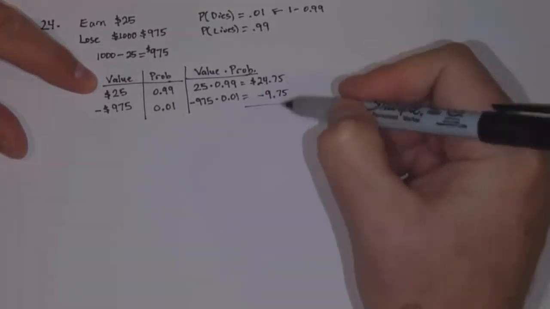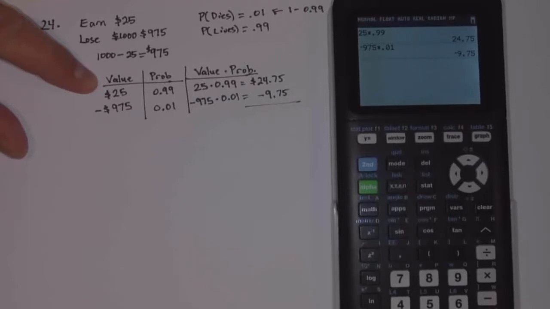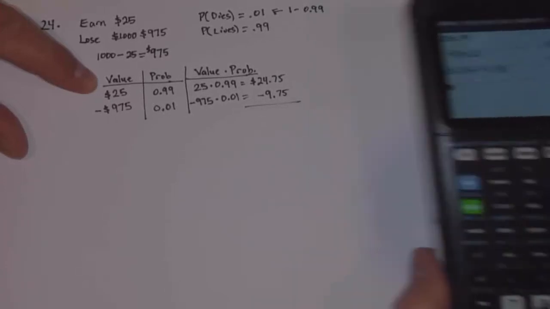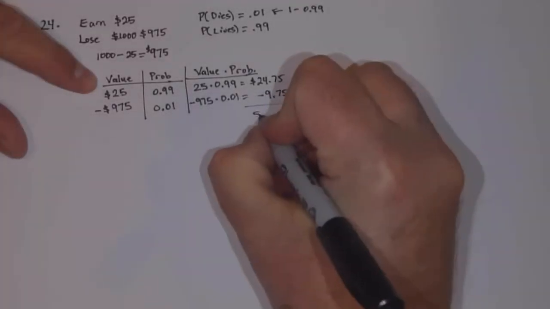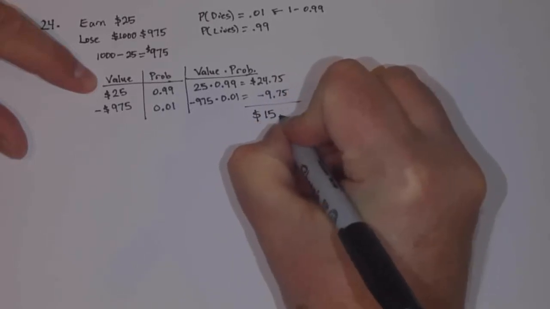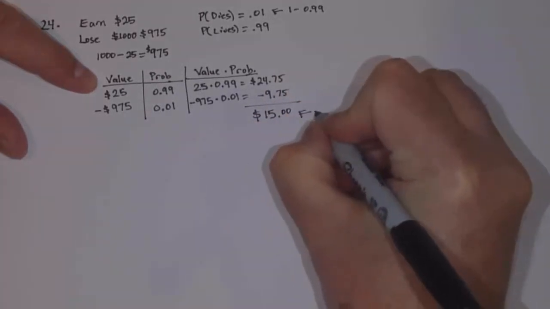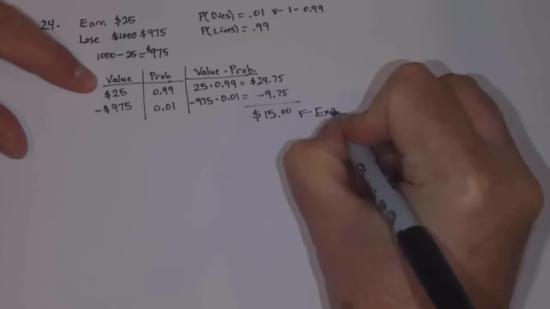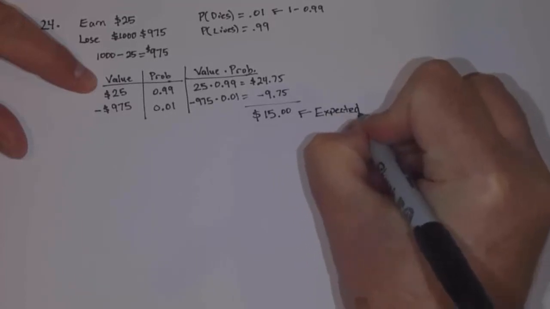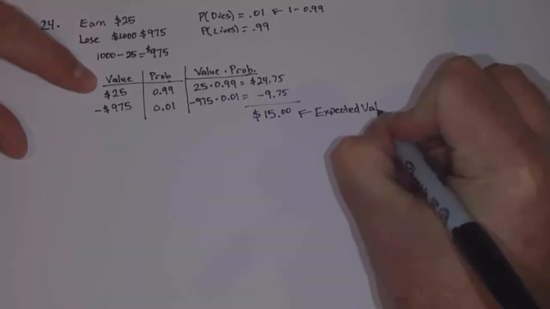So if I add those two things together, 24.75 plus negative 9.75 equals $15. That $15 is the expected value from the insurance company's point of view.